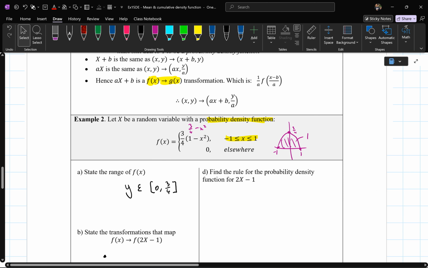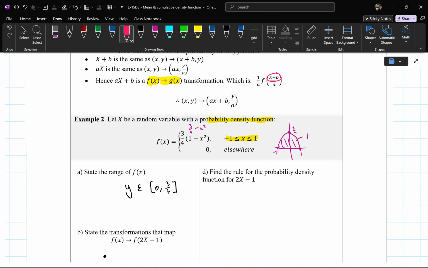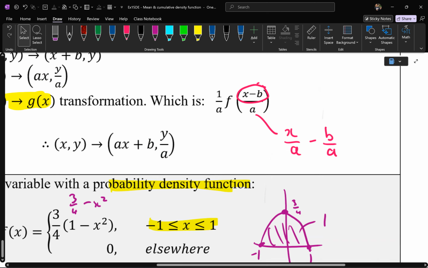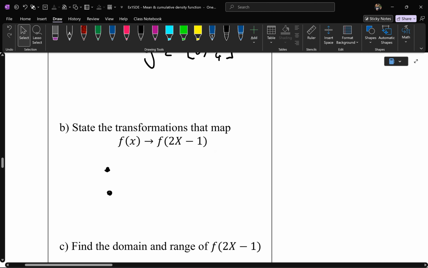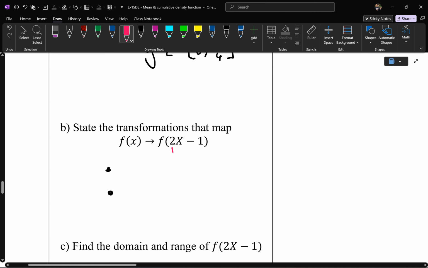No, you are right. If we're stating it in order, so Dr. T, if you split it up, you can split that up into x of a minus b of a. Yes, if you read the transformation, you've got 2x minus 1. This is my a.